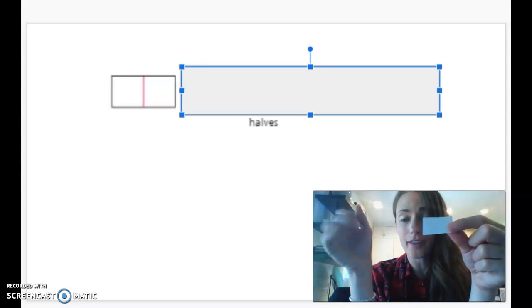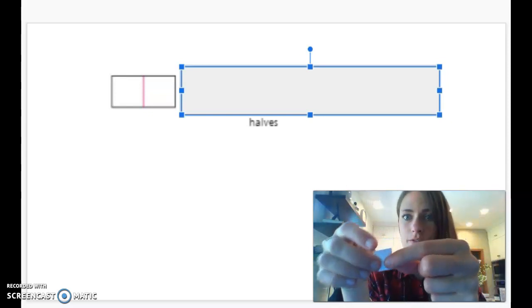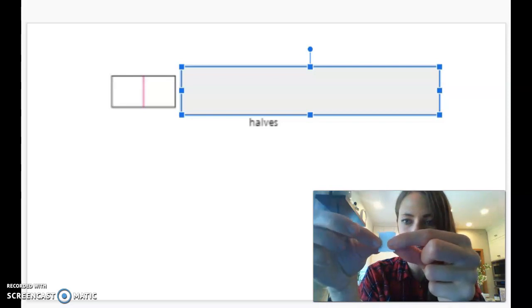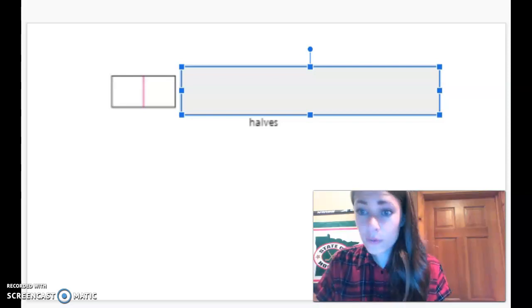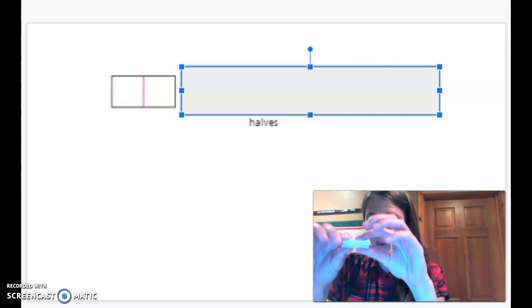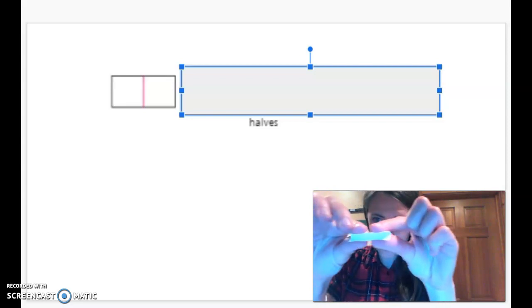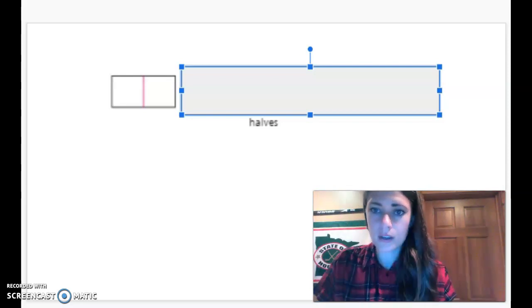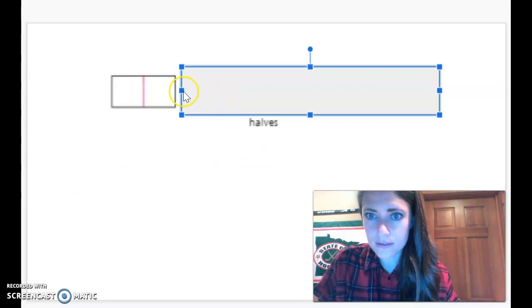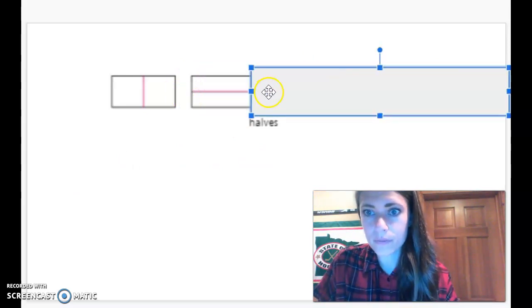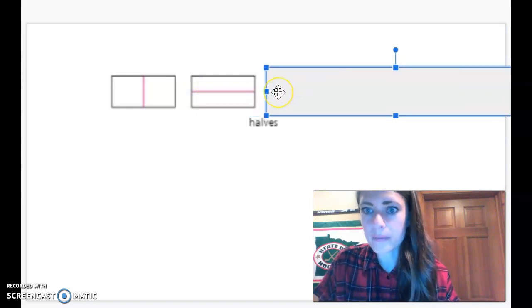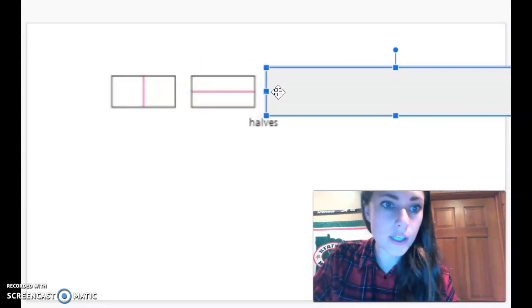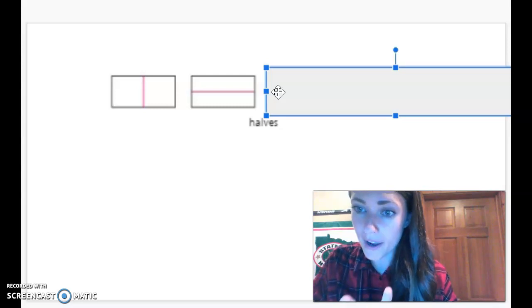So one way that you should have done is fold it in half this way. Another way that you should have folded your rectangle is this way, so that it makes this fold right here. Okay, both of those equal shares show 2 halves.